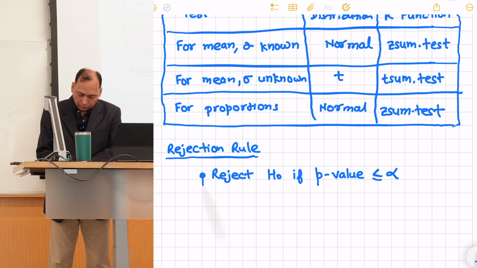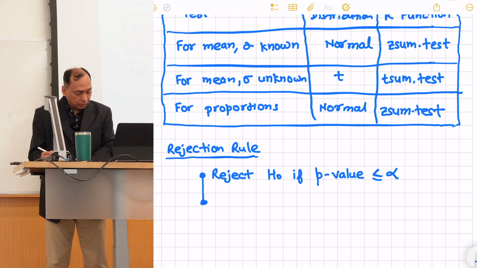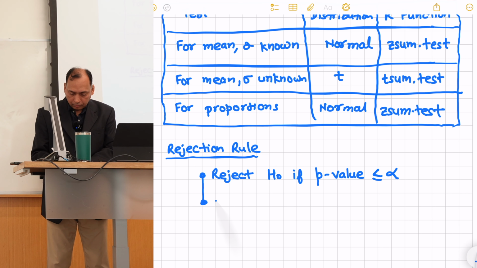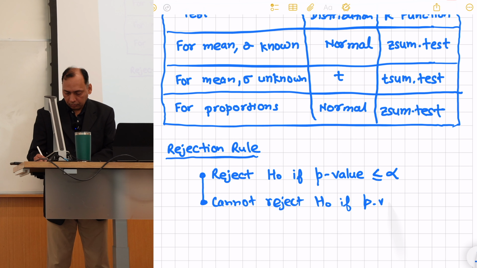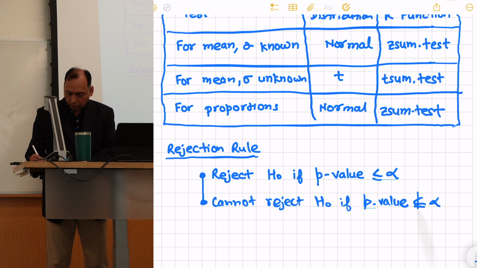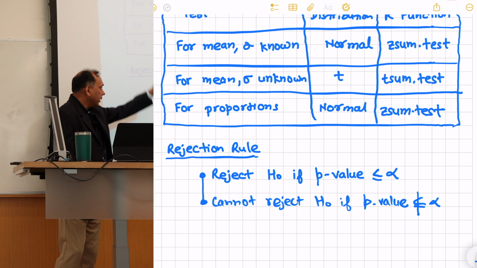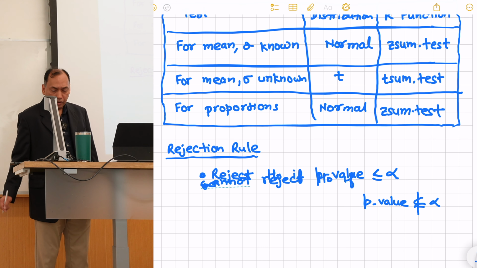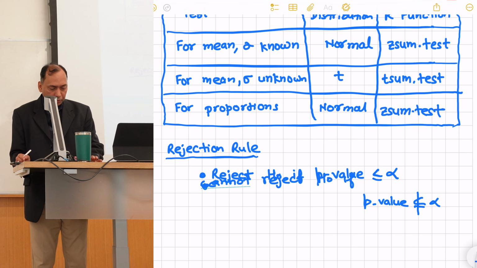Or your rule may be cannot reject. I'm drawing a line across the equals sign, which means it's not equal to.